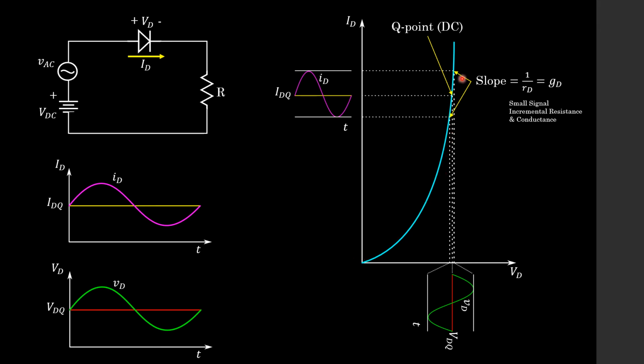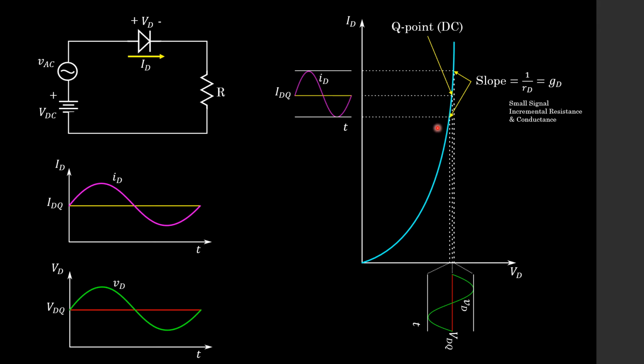So when we look at our characteristic curve, we can go to our Q point, which is our IDQ and our VDQ. That is the DC voltage and the DC current. Students, you should have remembered the Q point from the graphical analysis of diode circuits in the previous lecture. So now we have our Q point represented by our IDQ and VDQ, which are our DC current and voltage.